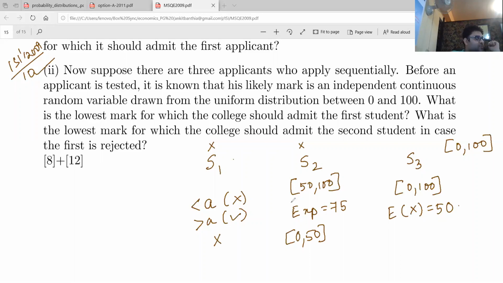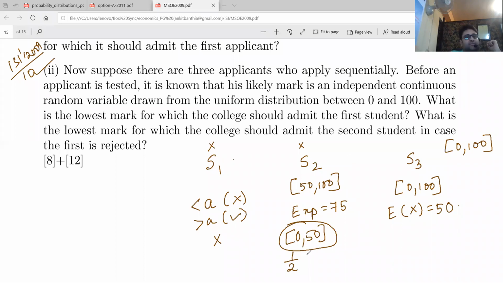With probability half, the second student will get anything between 0 to 50. It's a uniform distribution. 0 to 50 is equal probability as 50 to 100. So if he gets any marks from 0 to 50, I will be rejecting the second one also.